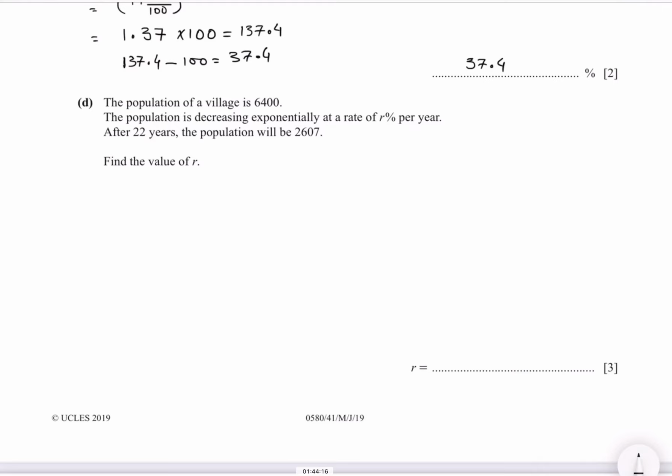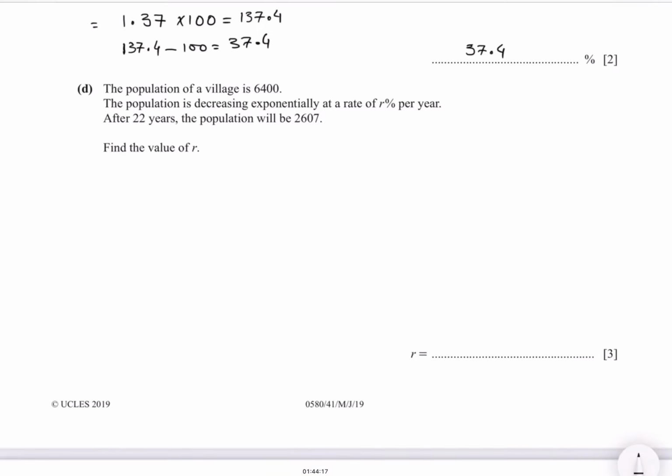The population of a village is 6400. The population is decreasing exponentially at a rate of r. After 22 years, the population will be 2607. Find the value of r. So here we can use the whole formula for compound interest, which says A is equal to P times 1 minus r over 100, to the power n. Minus is because he says decreasing exponentially.